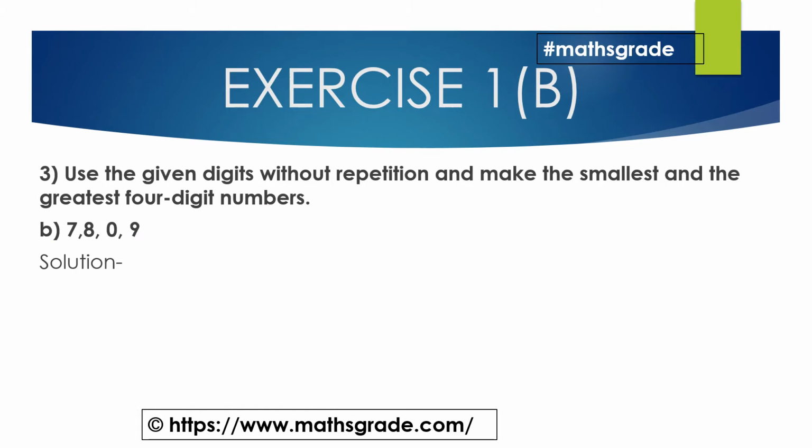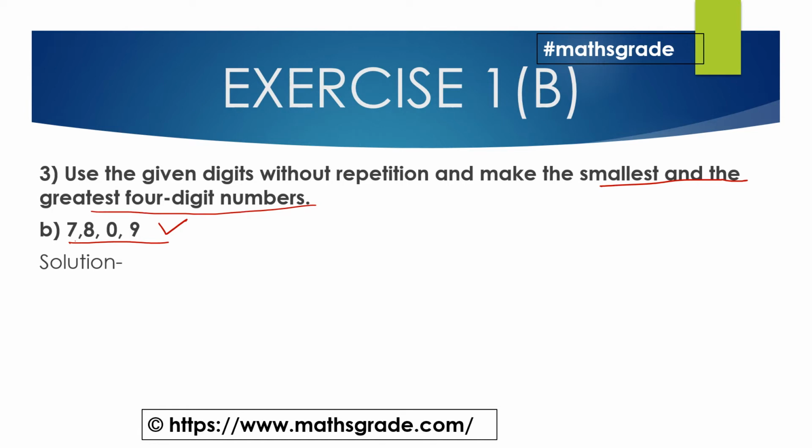Now we solve the next question. The 4 digits given are 7, 8, 0 and 9. These are the 4 digits given and we have to make, without repetition, the smallest and the greatest 4-digit number.